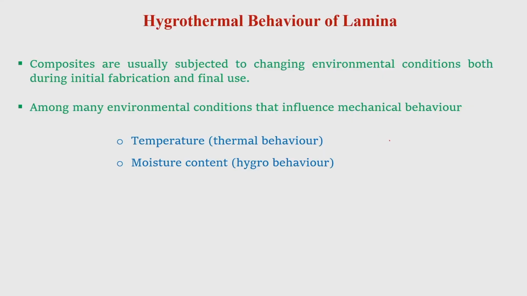Now, change in condition may be during fabrication, where the composite or the lamina is cured at a particular temperature and pressure, and then it is allowed to cool down to room temperature. Therefore, there is a change in temperature. Similarly, when it is exposed to the ambient conditions, it may absorb moisture.